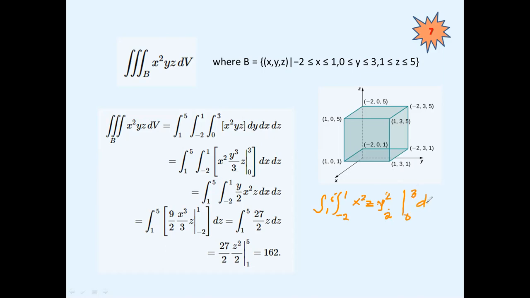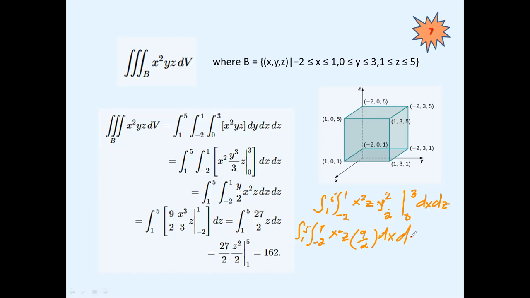The next would be dx dz. Let's say we'll complete this one. So you have 1 to 5, you have here negative 2 to 1. And if we have x squared z, and if we substitute 3 here, this would be 3 squared, that would be 9 over 2.